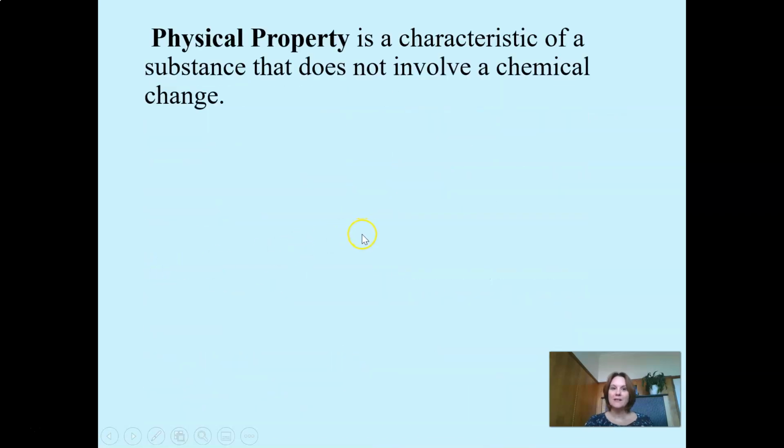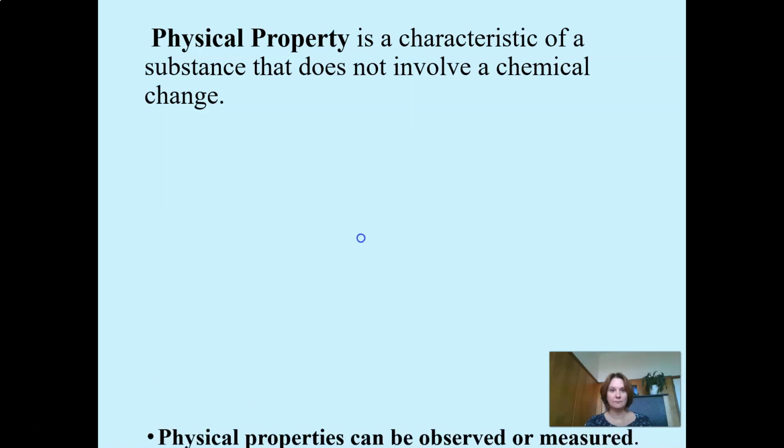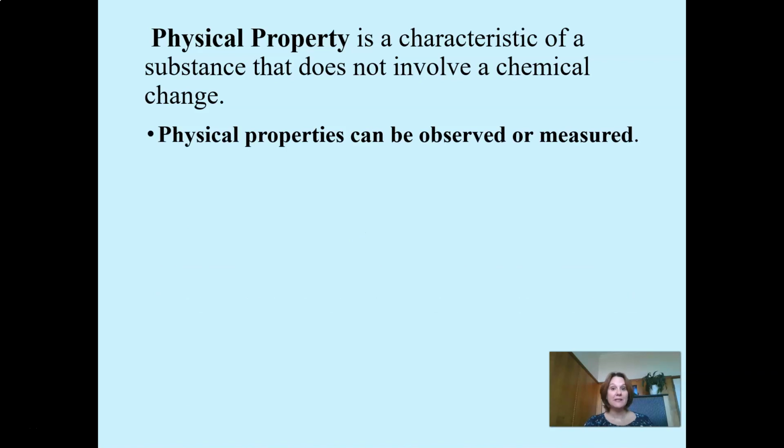Let's start with what is a physical property. A physical property is a characteristic of a substance that does not involve a chemical change. Physical properties can be observed or measured.